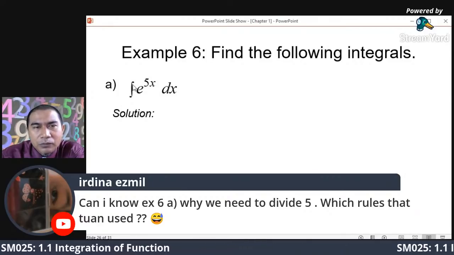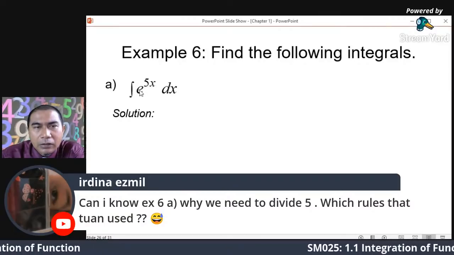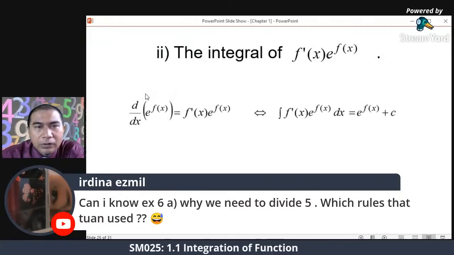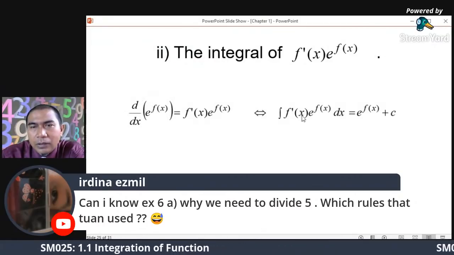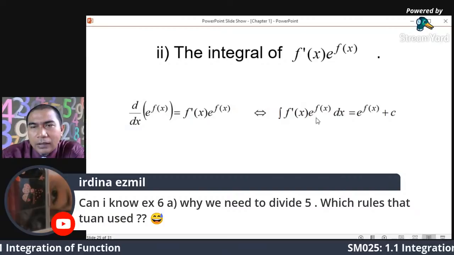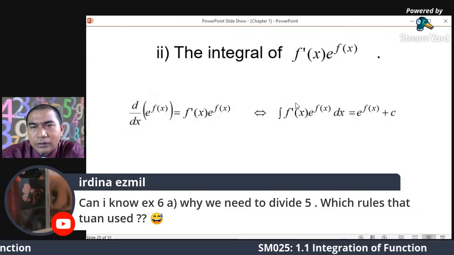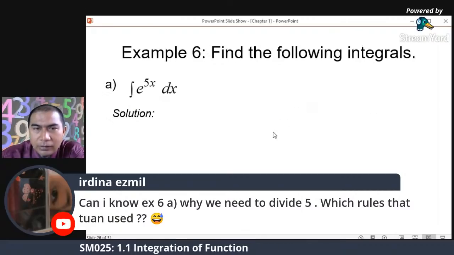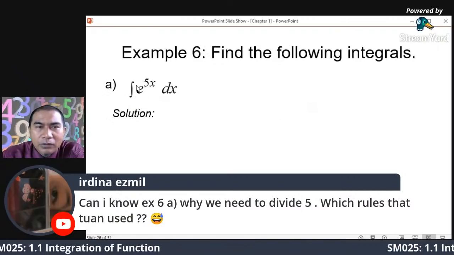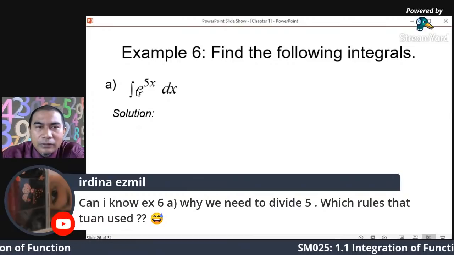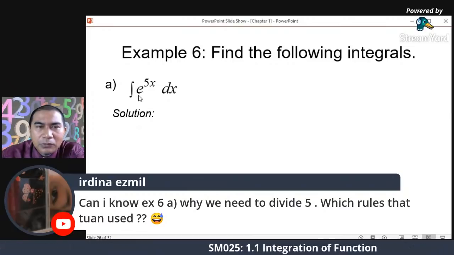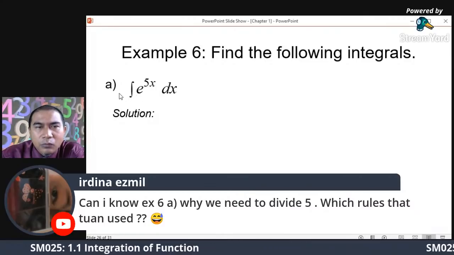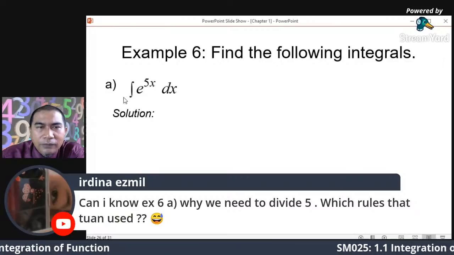So we have to put 5 in front of e power of 5x. Why do you want to make it become f prime x times e power of fx? Please understand this one. When we put 5 in the front, we already changed the question. So to make it the same as the question, we have to multiply it with 1 over 5.